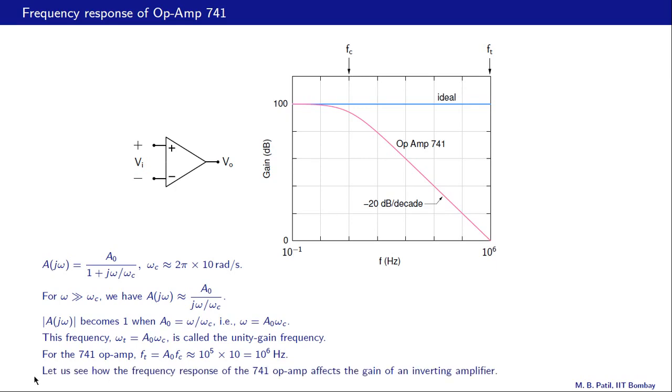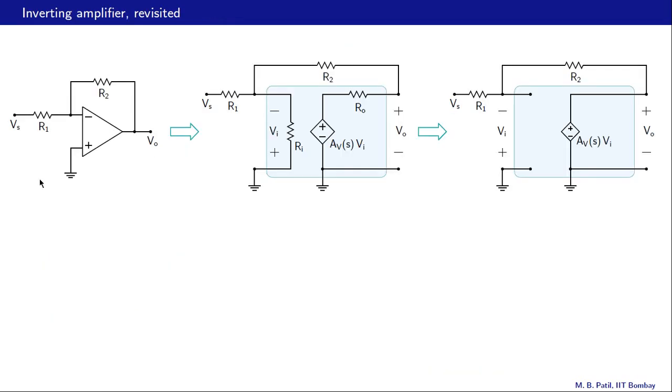Alright, now let us see how the frequency response of the 741 op amp affects the gain of an inverting amplifier. Here is our inverting amplifier, and we want to understand its frequency response now, which we have seen earlier.